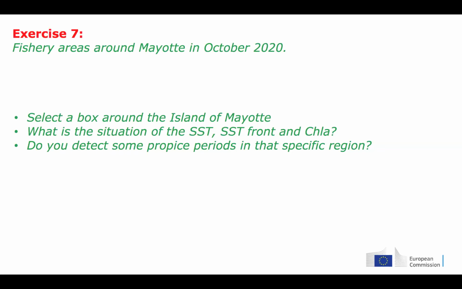And the question is, what is the situation of the SST? Do you see the variability of the SST front in that specific box, and of chlorophyll? And based on that, do you detect some propice periods, some favorable periods in that specific region?